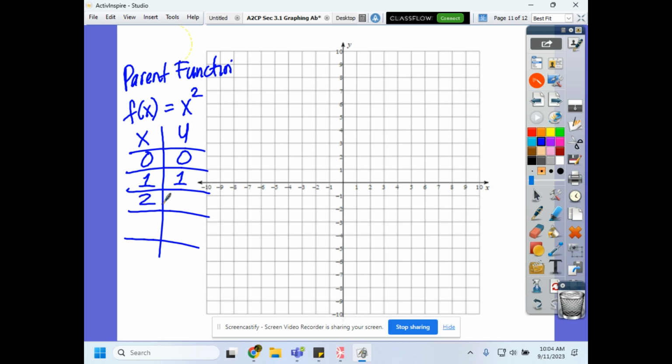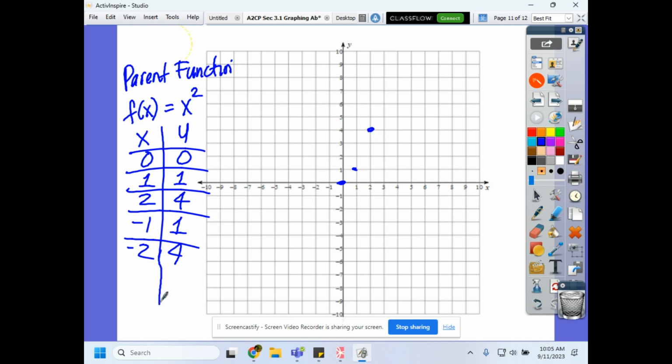What about if it's 2? What's 2 squared? 4. What about if it's negative 1? Negative 1 squared, negative 1 times negative 1 is 1. What about negative 2? What's negative 2 squared? 4. And it keeps going and so on and so forth. When you plot the points, it becomes 0, 0, 1, 1, and then 2, 4.